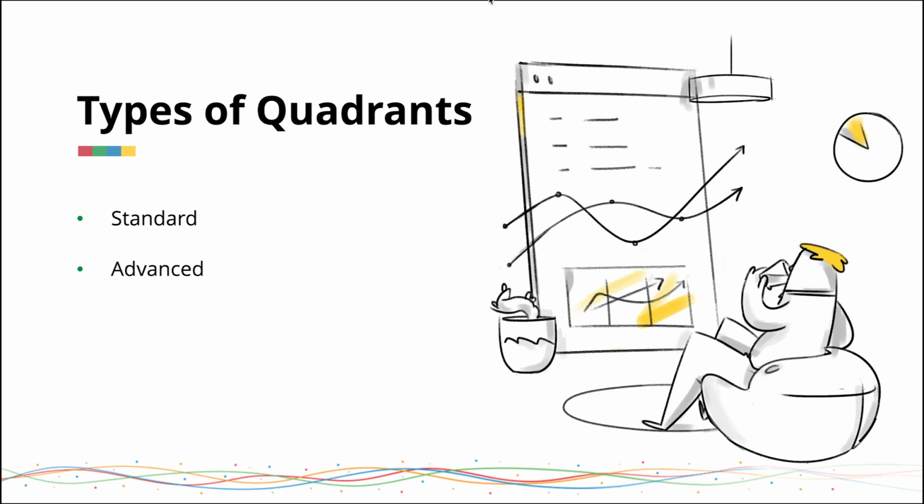Then we have the advanced type of quadrant, where you can group the data and show it in appropriate sizes depending on the value of the metrics you want to see. This is an additional parameter, and it is a metric not the same as the x-axis or y-axis. For example, you can run a quadrant analysis to identify the business segment that brings in more revenue for your business. Now let's go ahead and see how to create a quadrant analysis from scratch.